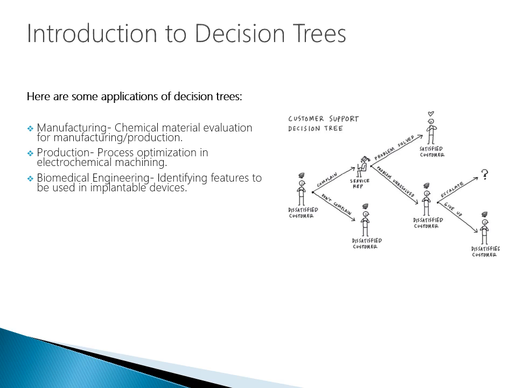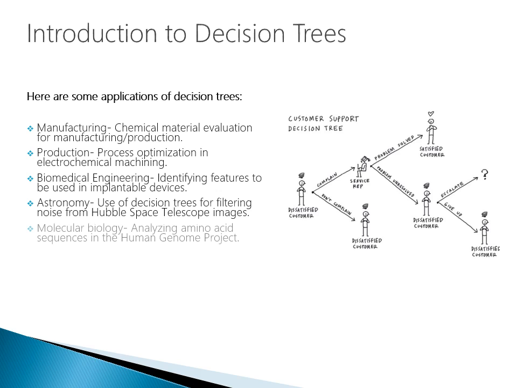In biomedical engineering, decision trees are often used for identifying features to be used in implantable devices. Astronomy uses decision trees for filtering noise from the Hubble Space Telescope images. In molecular biology, decision trees are used to analyze amino acid sequences within the Human Genome Project.